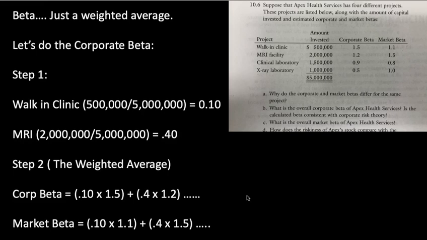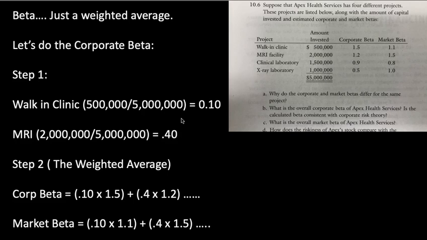Let's take a look at especially the question right here. What is the overall corporate beta? And then you can look, is it consistent with corporate risk theory? You can see corporate risk theory addressed in the textbook.